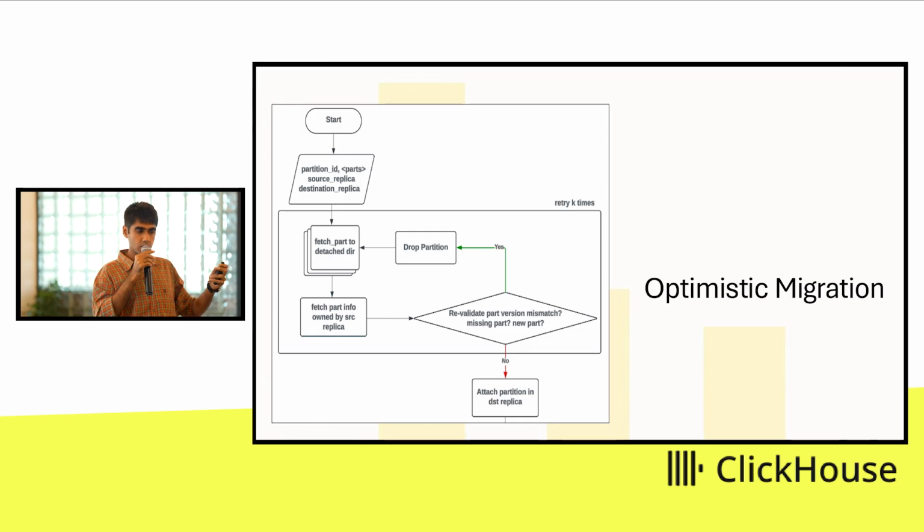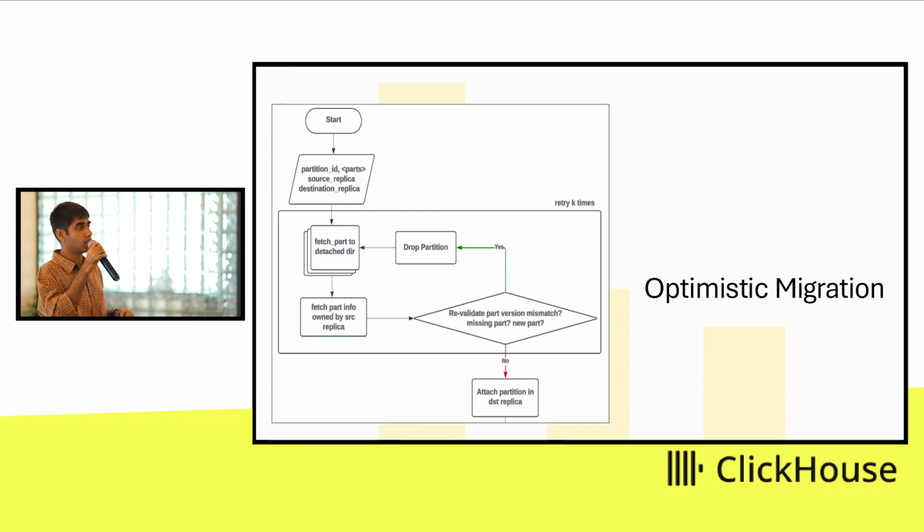Now we'll zoom into how exactly we do the migration. You've selected source and destination shards, you've selected a partition. Now you want to move that partition. So what we do is essentially we pick, ClickHouse has parts, we'll not go into that. So we pick individual parts and move them to the destination shard. Once everything is done, we look at if there is a missing part, or there is a new part, or a part has been mutated on the source shard.